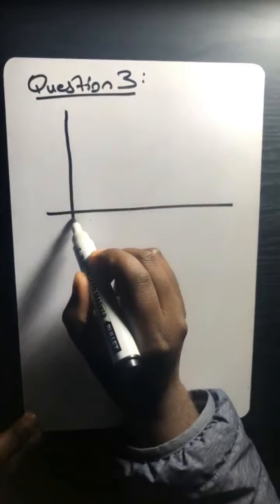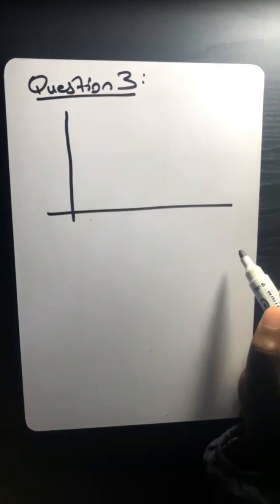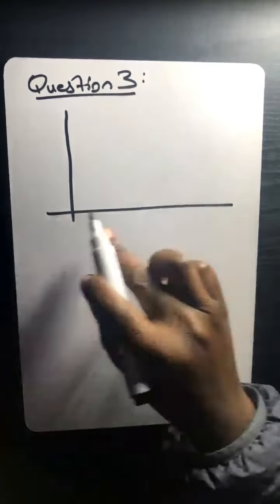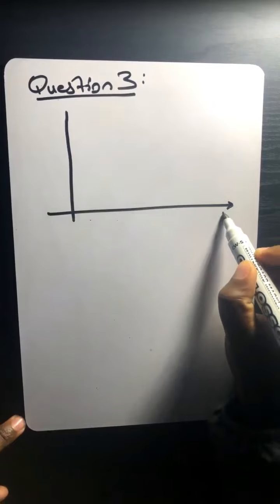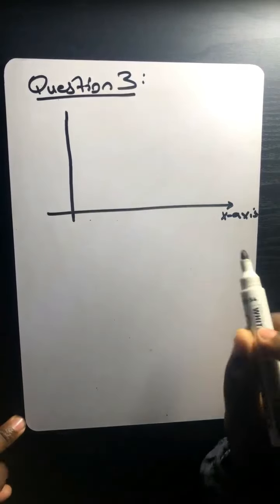This is what we call a Cartesian plane, guys. A Cartesian plane has got two lines, the horizontal line called the x-axis, and the vertical line which is called the y-axis.